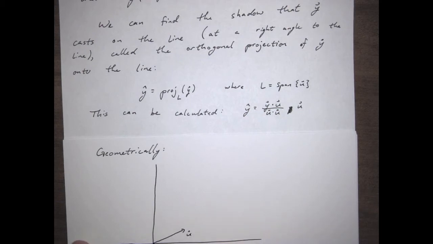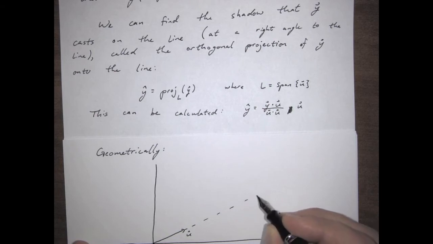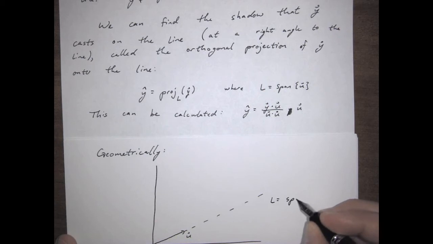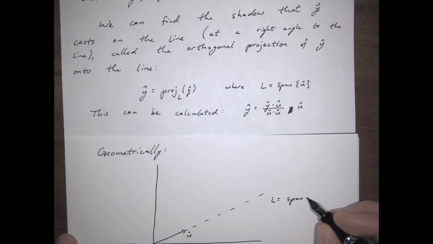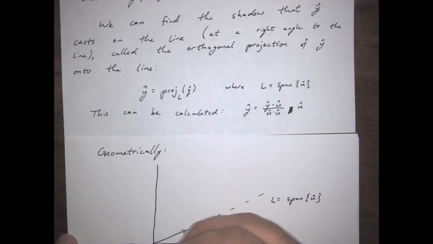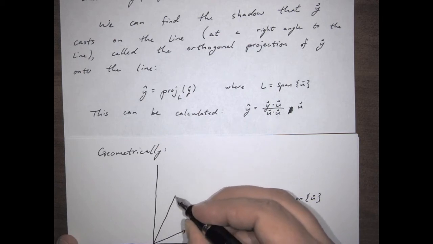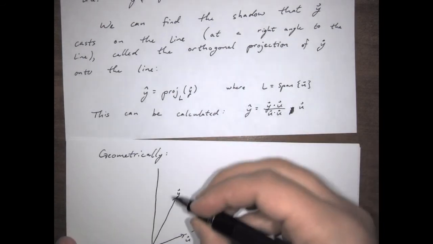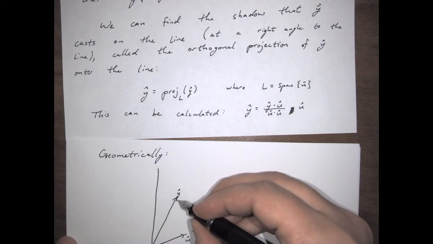And so then that generates a line, which is the span of u. But we also had an unrelated vector y, which was not on the span of u, so not on the line.